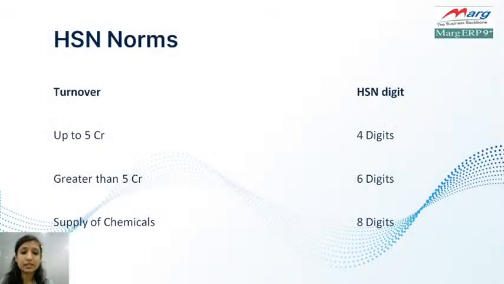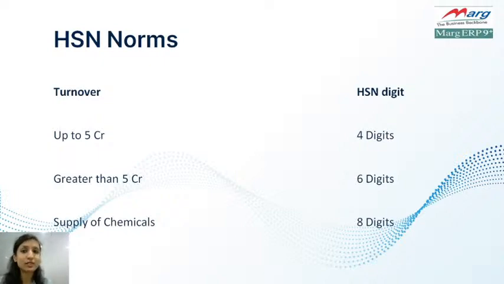As per the latest government norms, taxpayers having an aggregate turnover of up to rupees 5 crore need to maintain HSN codes of 4 digits only. Those with more than 5 crores need to maintain 6 digits of HSN code.